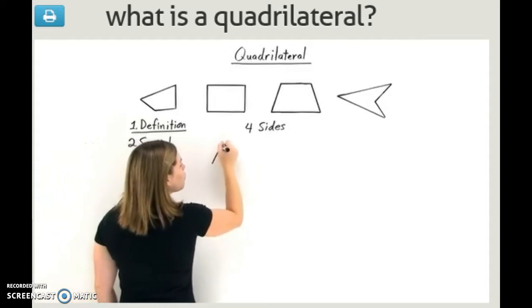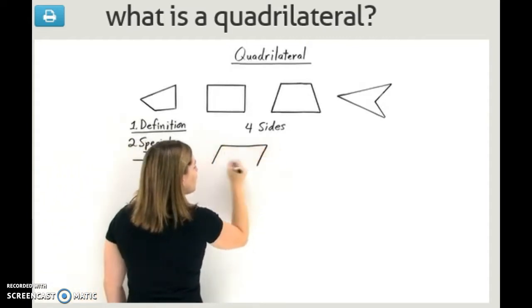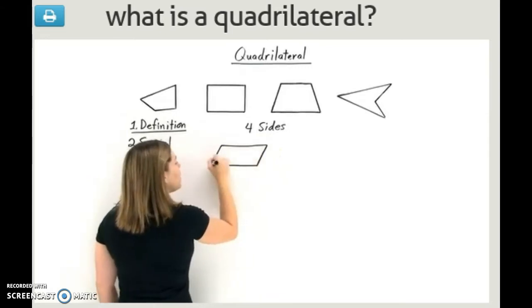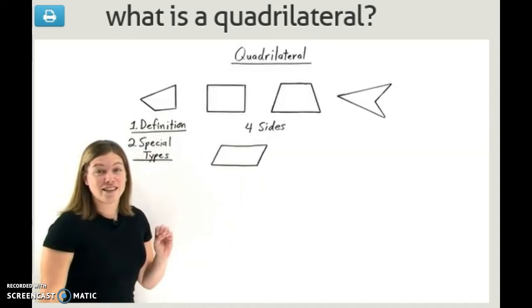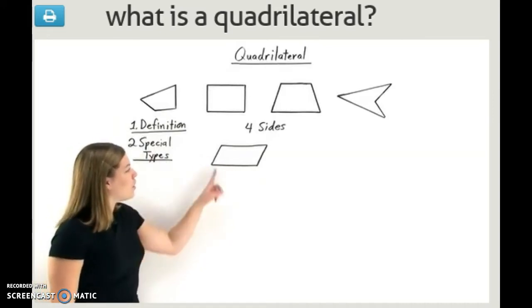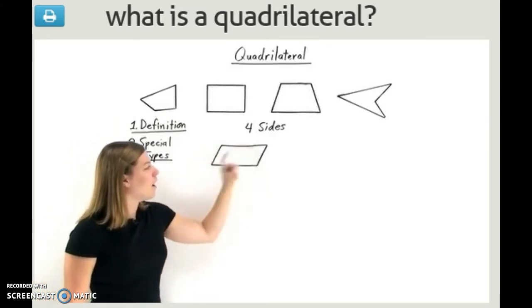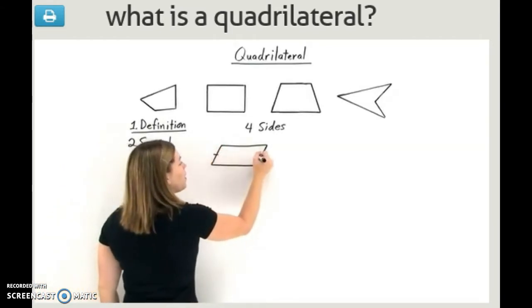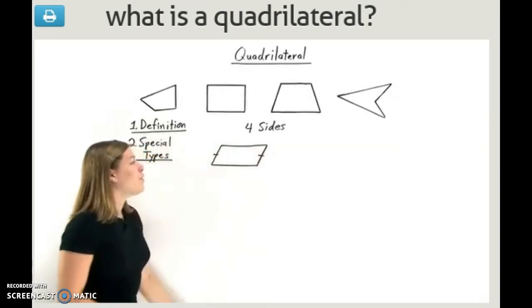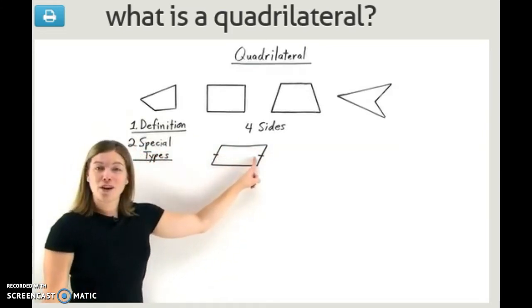First, we'll take a quadrilateral that looks like this. If we look at this quadrilateral, we know it's a quadrilateral because it has 4 sides. But if we take a closer look, it looks like this pair of sides are parallel to one another. In fact, they're parallel and congruent. We mark that they're congruent with this little mark here.